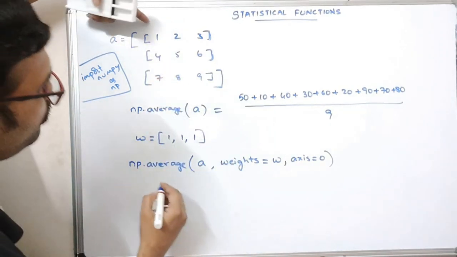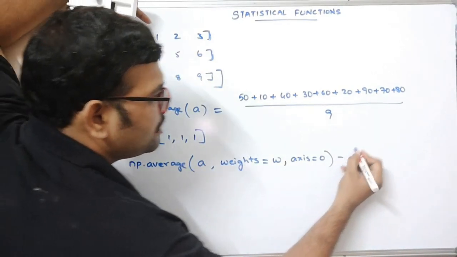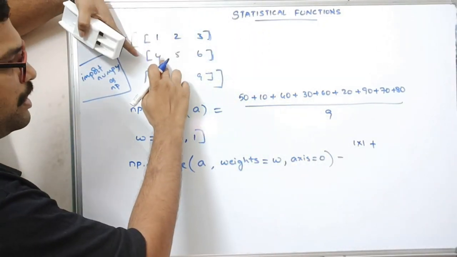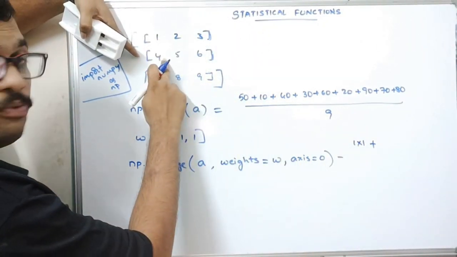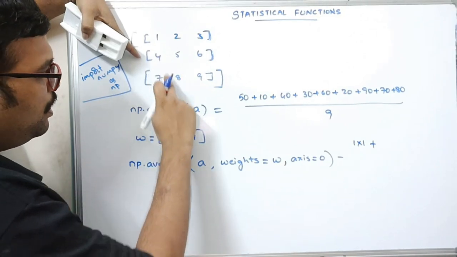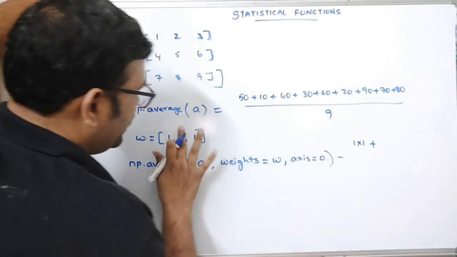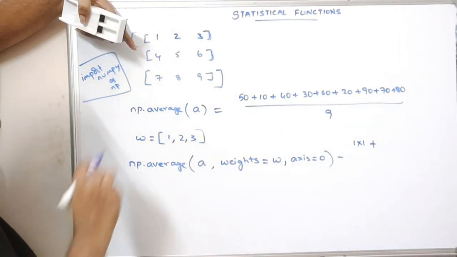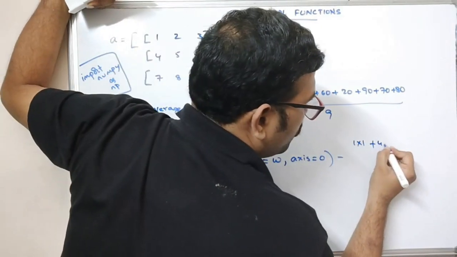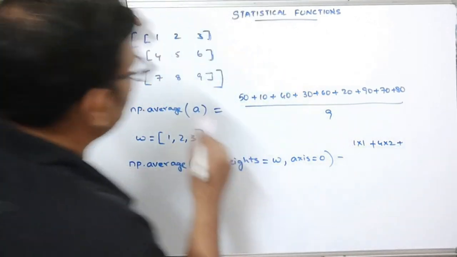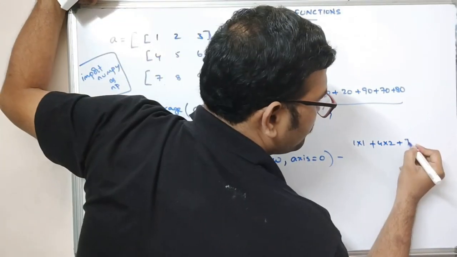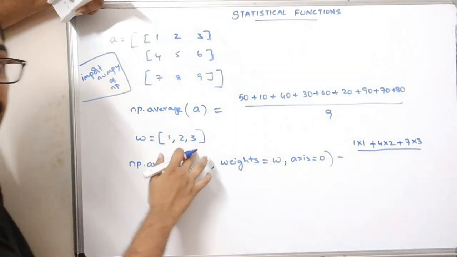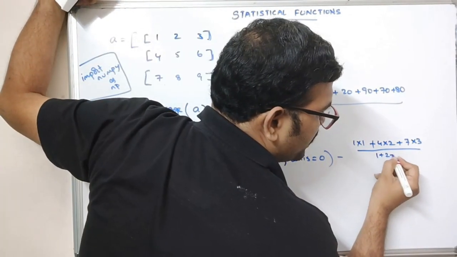So here you can observe, 1 into 1 plus, here axis is 0, so the next one is 4, right? 4 into 1, so let us take 2 and let us take 3, then you will understand. So 4 into 2 plus 7 into 3, divided by the sum of all the weights, that means 1 plus 2 plus 3.